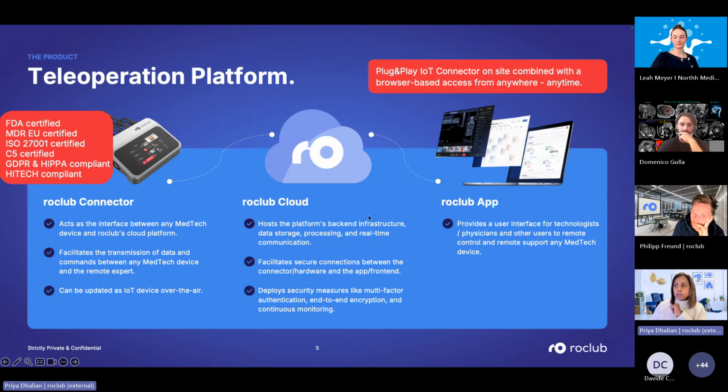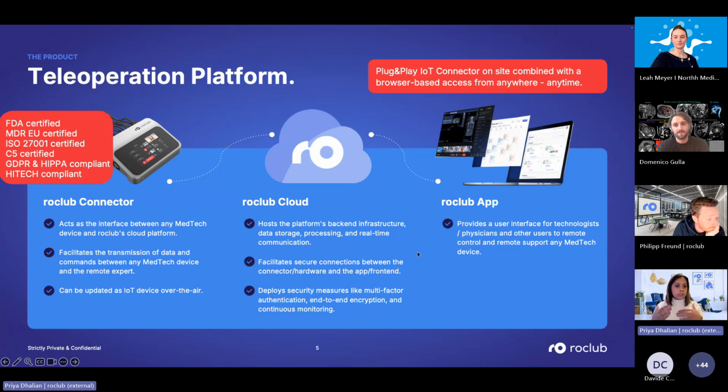The device is connected to our roclub cloud, which hosts our infrastructure. This is responsible for the data processing, the storage, and the real-time communication. And it facilitates secure connections between the medtech device, so your scanner, and the cloud and your front end of the app. So there's constant cloud security taking place in the background, right, with end-to-end encryption happening with all data streams.